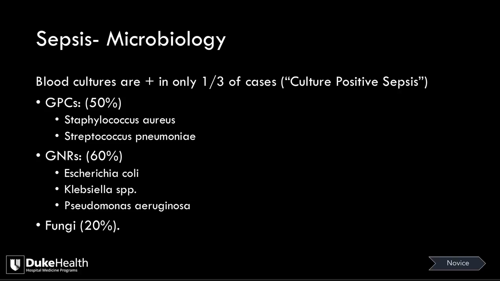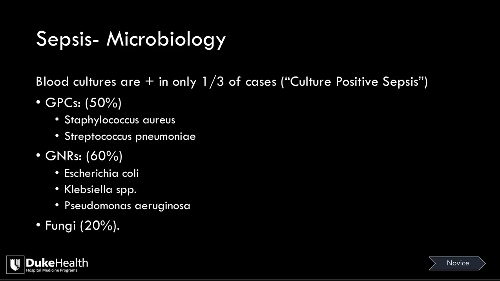Based on one multinational study that looked at 14,000 ICU patients, gram-positives accounted for around half of the cases of sepsis, with Staph aureus and Streptococcus pneumoniae being the most common gram-positives. Gram-negative rods accounted for around 60% of cases. E. coli, Klebsiella species, and Pseudomonas aeruginosa were the top three.